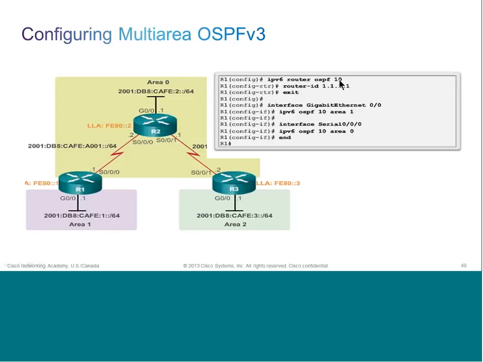Don't forget that's your process ID. And we've assigned that to area 1. And the serial interface, when we look at it, it has been assigned to area 0. And again, because router 1 has interfaces connected in two different areas, it becomes an area border router.